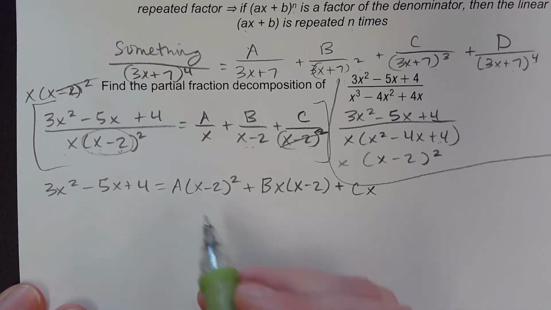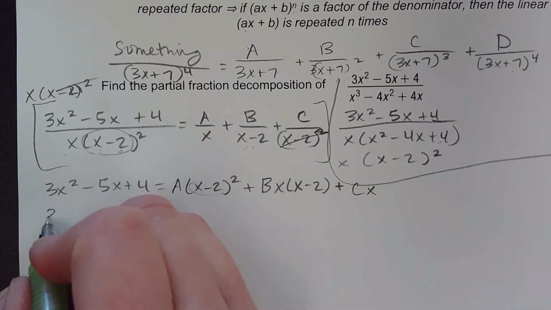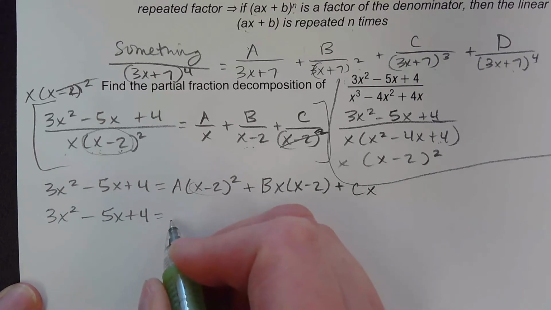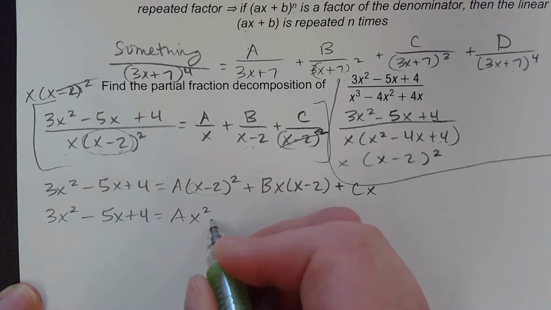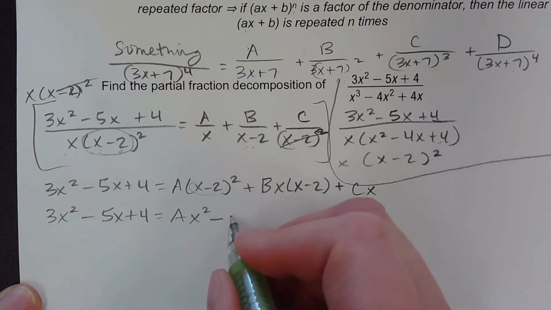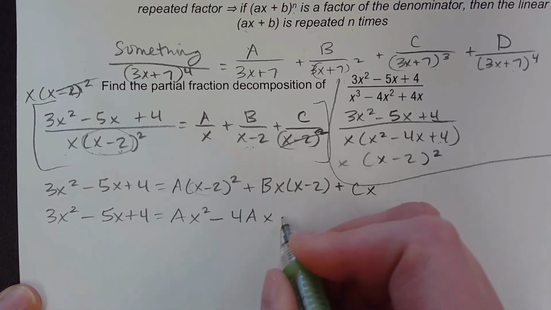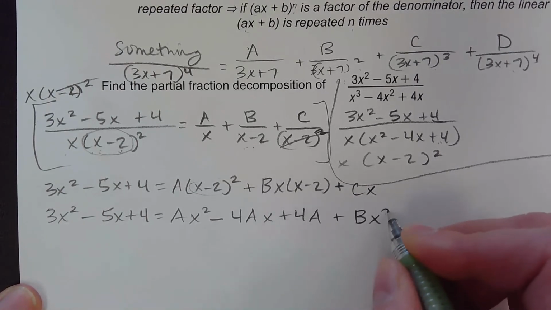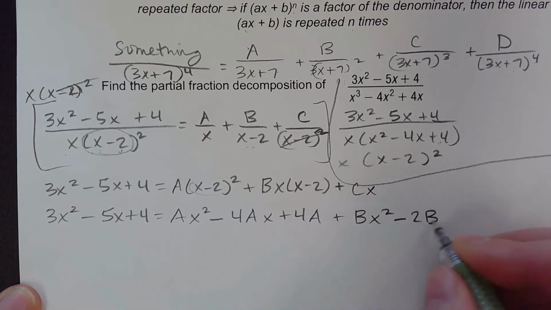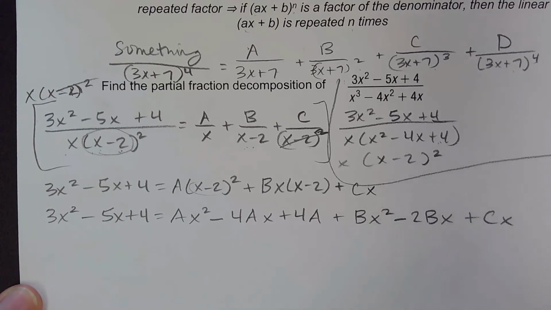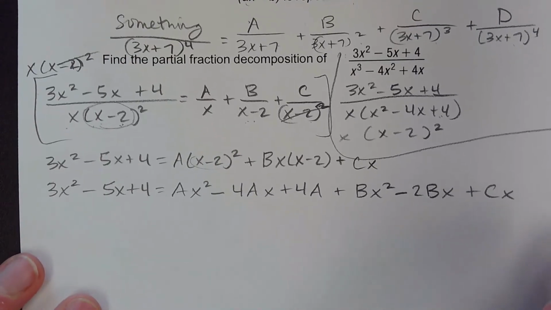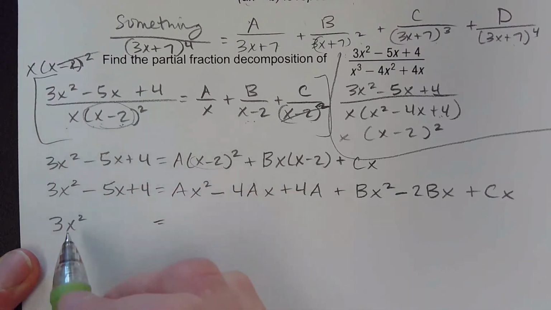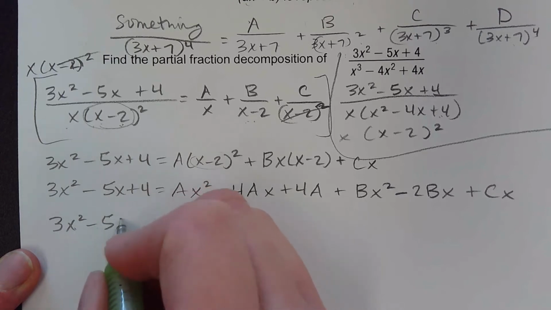So now I want to go through and do all my distributing and expand my binomial, and my left-hand side is just staying the same. So we'll have Ax squared minus 4Ax plus 4A, plus Bx squared minus 2Bx plus Cx. Then we want to group our terms again: x squared, then x, and then a number.